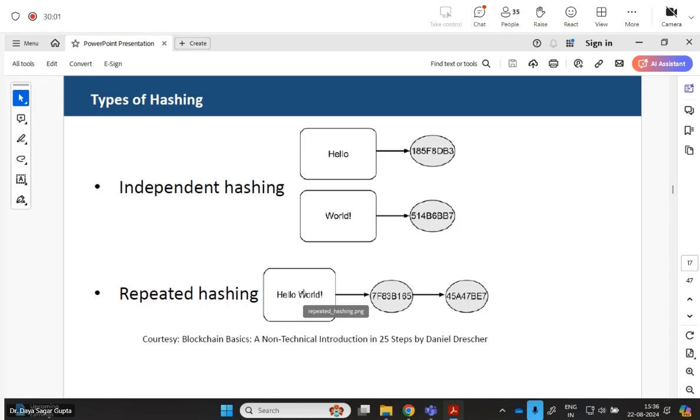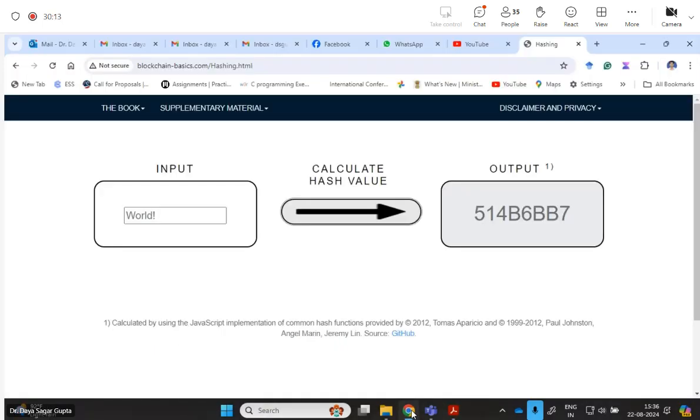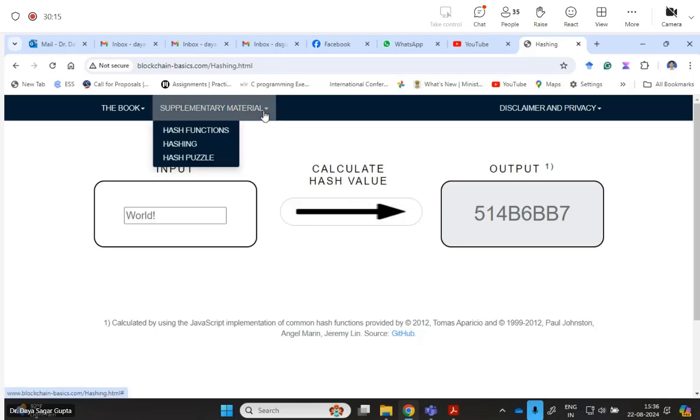If you want repeated hashing, what it means basically is you take this message and get the hash of it. There are two things in the supplementary material. The hash function gives you the exact hash, and hashing gives you the first 8 digits of the hash.